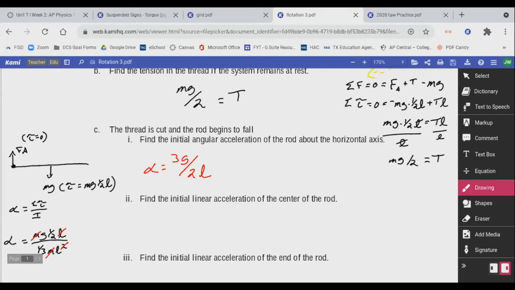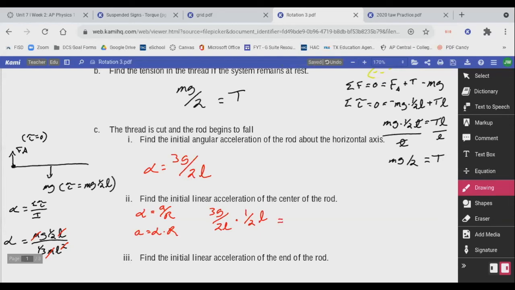The next part, C-II, find the initial linear acceleration of the center of the rod. Well, we know linear acceleration, alpha is equal to what? a over r? If we rearrange that, a is equal to alpha times r, right? And if alpha is 3g over 2L, and they're asking us to do it for the center of the rod, the distance to the center of the rod would be 1/2 L, wouldn't it?